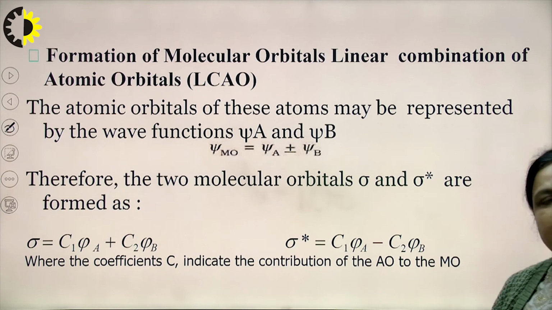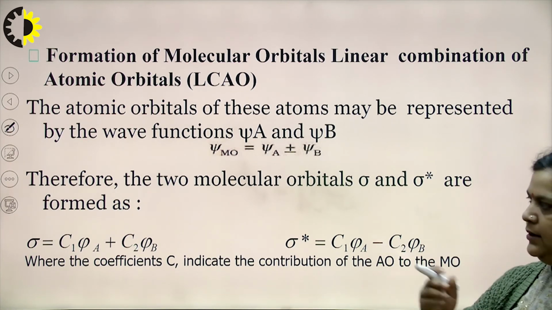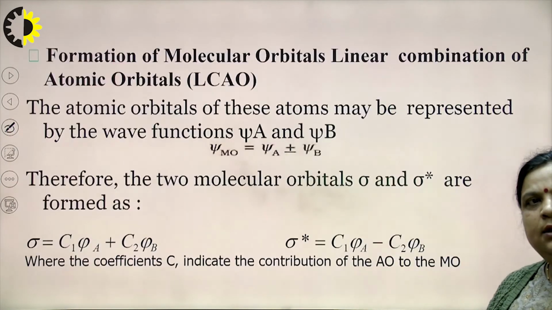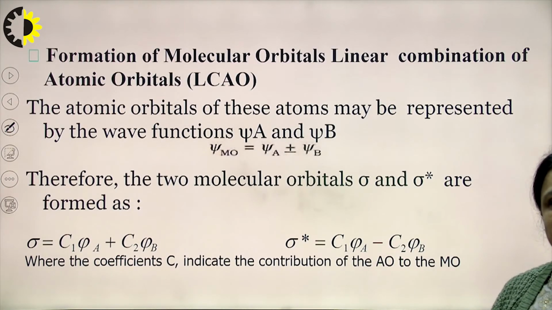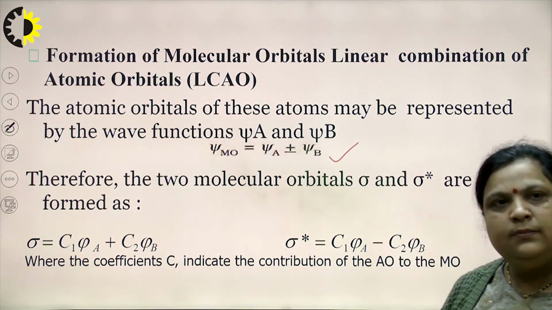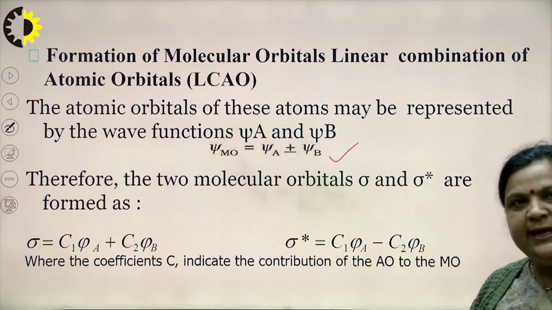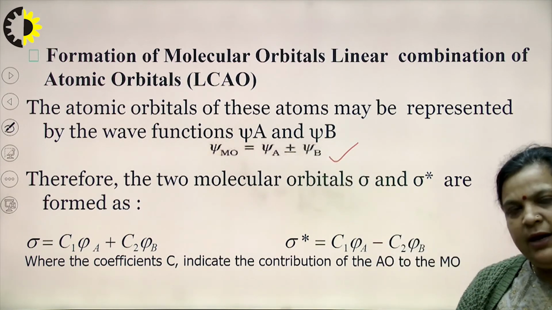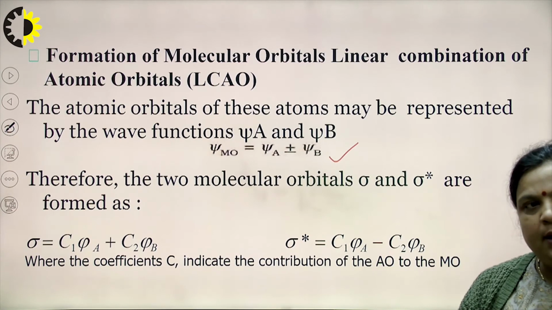Now next, as we already discussed, atomic orbitals are represented as psi A and psi B. There are two possibilities, first positive overlapping and second negative overlapping.